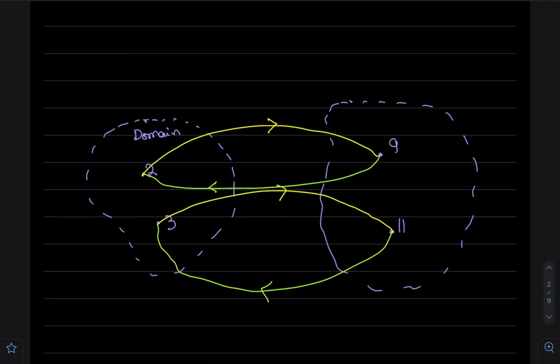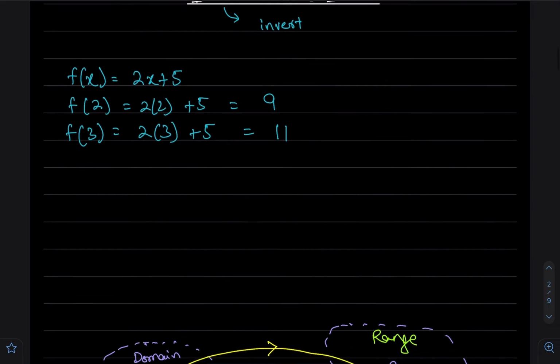Now, is there some function that brings us from the range back to the domain? That function is called the inverse function of f. So the function takes us from 2 to 9, and the inverse will take us back from 9 to 2.